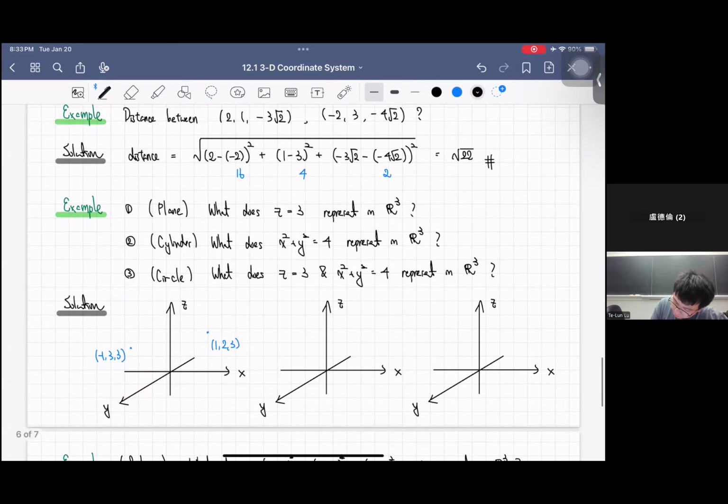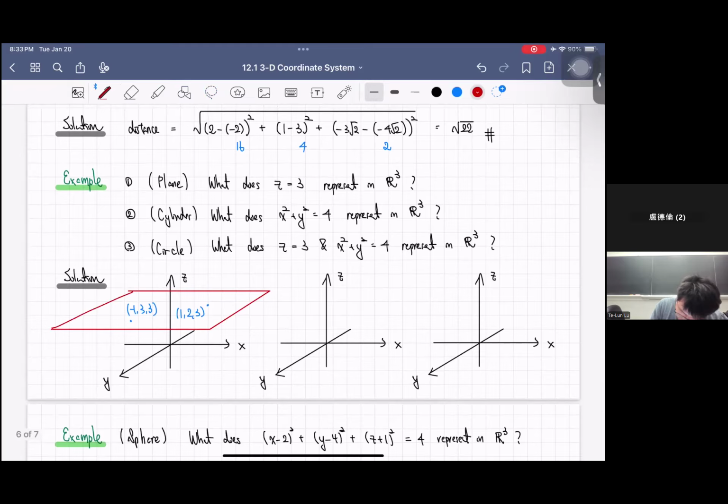So it looks like this. I hope that makes sense. So that is a plane parallel to the xy-plane, and it lifts from the xy-plane by 3 units.